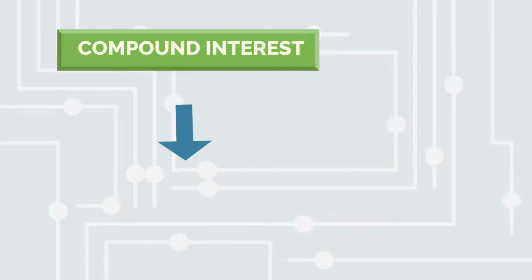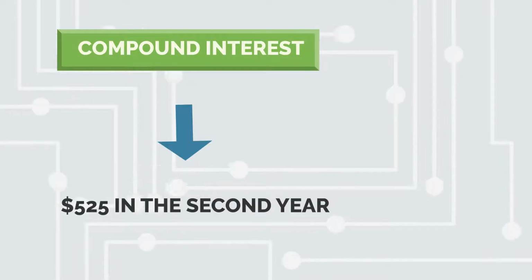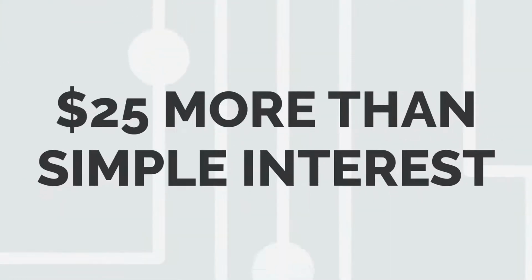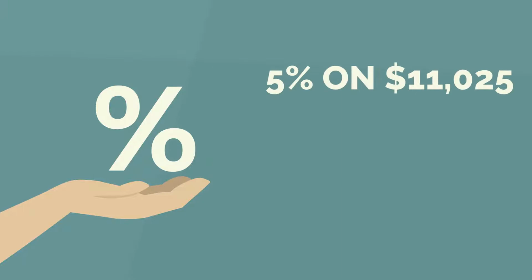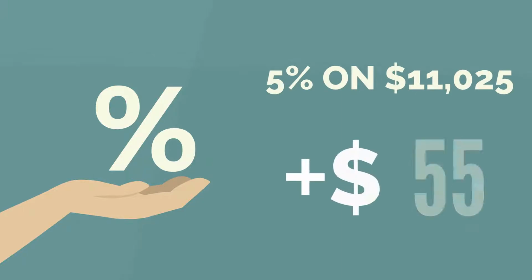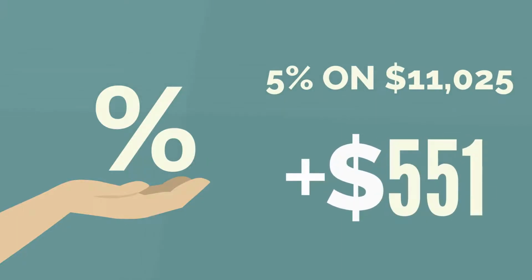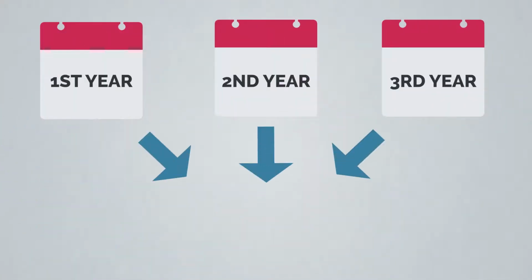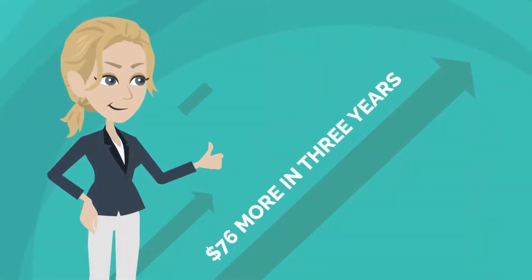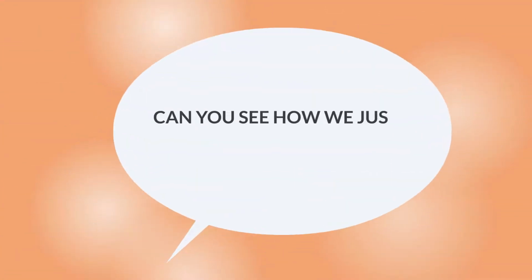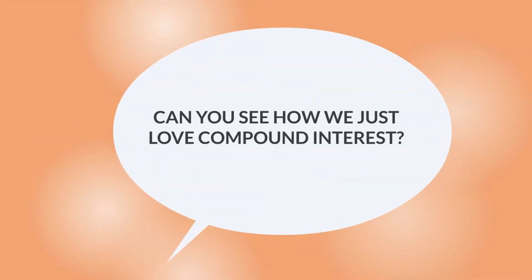The compound interest would be $525 in the second year, $25 more than the simple interest. Similarly, for the third year, you'll be earning 5% on the $11,025, which is an additional $551. Over the 3 years, you've managed to make $1,576 by compound interest, which is $76 more than what you managed to earn by simple interest. Can you see how we just love compound interest?